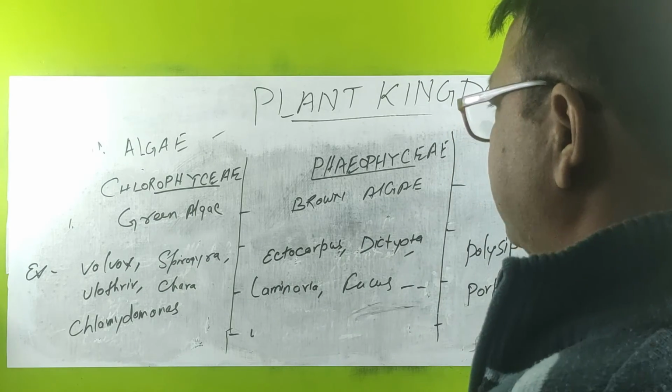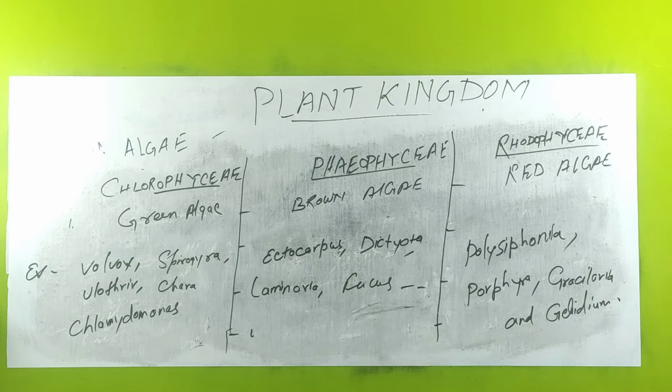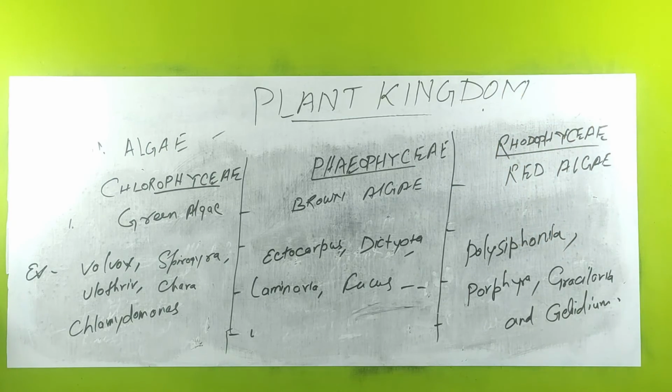So in green algae, examples are Volvox, Spirogyra, Ulothrix, Chara and Chlamydomonas. In brown algae, examples are Ectocarpus, Dictyota, Laminaria and Fucus. In red algae, it is Polysiphonia, Porphyra, Gracilaria and Gelidium. These are some examples of these three types of algae.